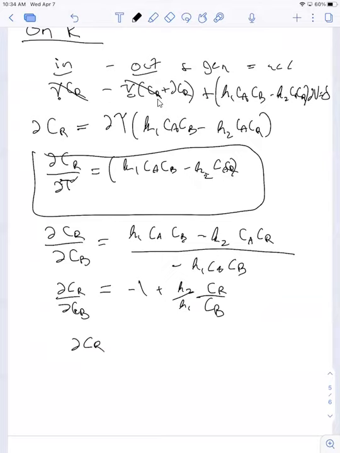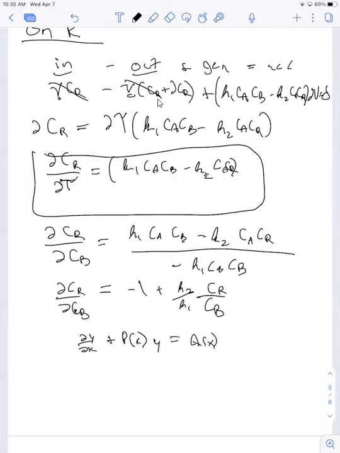Now we want to get this in the form where we have to use the integrating factor to solve this. If we have dy/dx plus p, where p is a function of x, times y equals q, it can be a function of x.